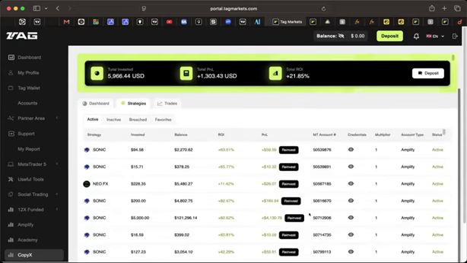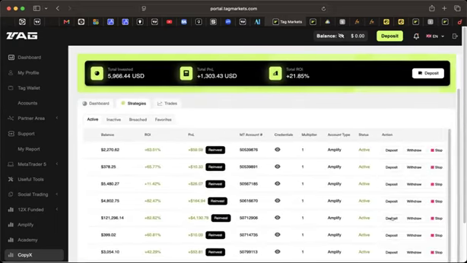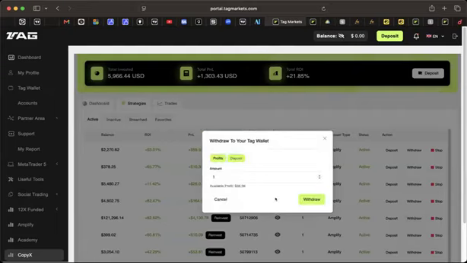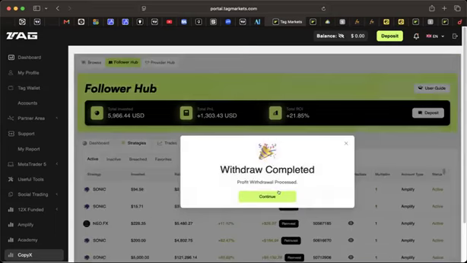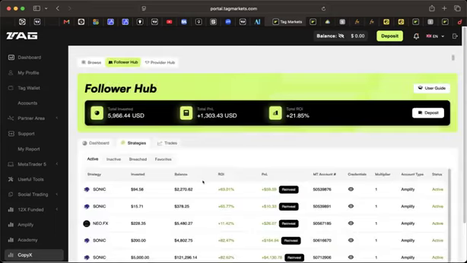Now, if I show you an example of the $5,000 account, I can go ahead and click on withdrawal here. So you can see 56.56 is a net profit, because 30% is taken and 70% is mine. And then I click Withdraw. Now, this withdraw is to withdraw from the strategy that was linked to the API on CopyX into the wallet.